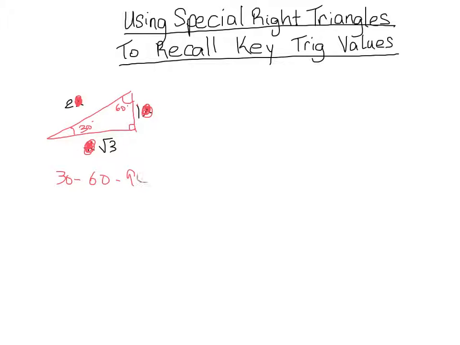We're going to also have to remember the values for our 45, 45, 90 triangle. So this is 45, 45, and that's our right angle. Alright, so recall that I'm just trying to get this down to a basic triangle. So instead of using x, I'm going to just call this 1. Call that 1, and this is 1 root 2, or we can just say root 2.